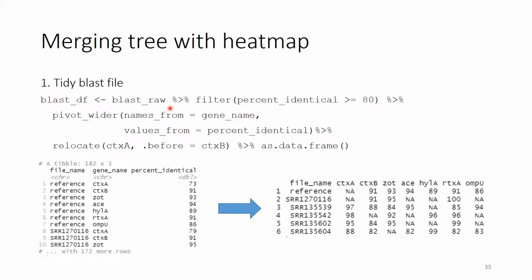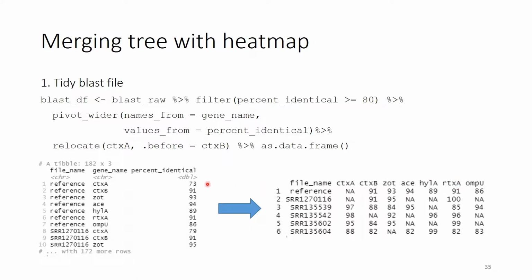And I also filtered the %identical variable for greater than or equal to 80%, as the authors had used. I also used pivot_wider to widen the data. So originally it looks like this when you view it. And this way I chose names from the gene names. So now they're created as columns.